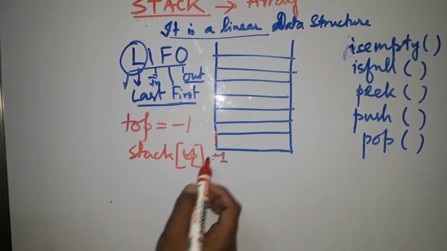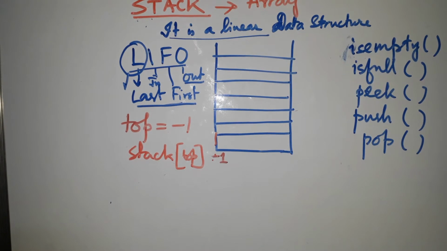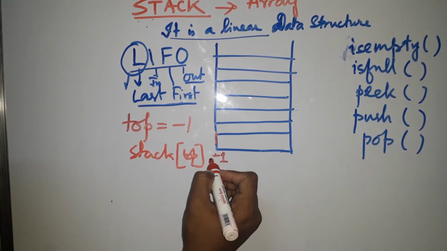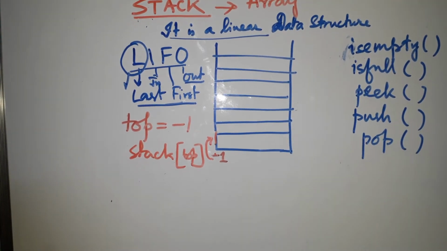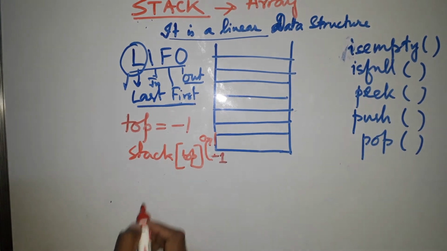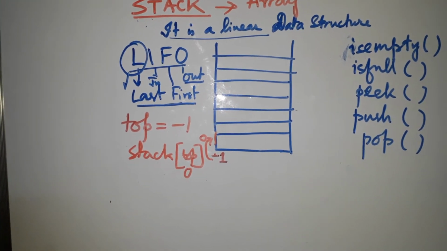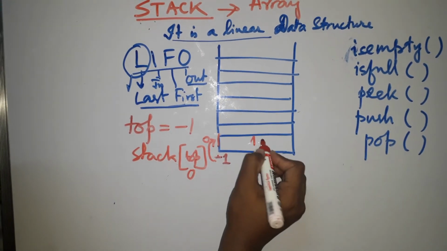Now top at first is -1. When we have to add some data, the top value is incremented by 1. That means it is right now 0. So the stack 0 position will come. There we are inserting our first data.